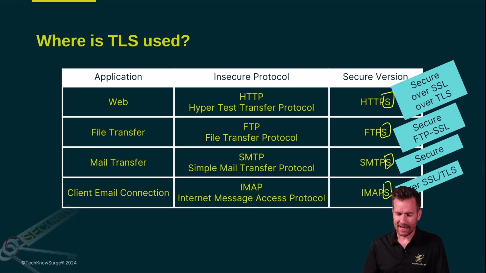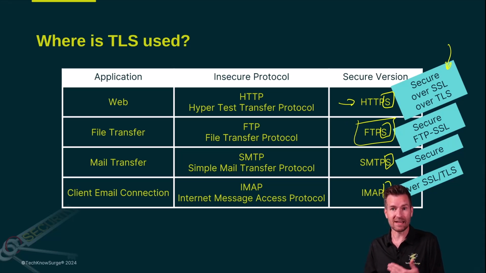And what I mean by that is HTTPS could stand for HTTP Secure, or HTTP over SSL, or HTTP over TLS. It can mean all three of these. All would be correct in their naming, but it all just means that it's using TLS. Same thing for FTPS. The S could mean secure or FTP SSL, but it means the same thing.